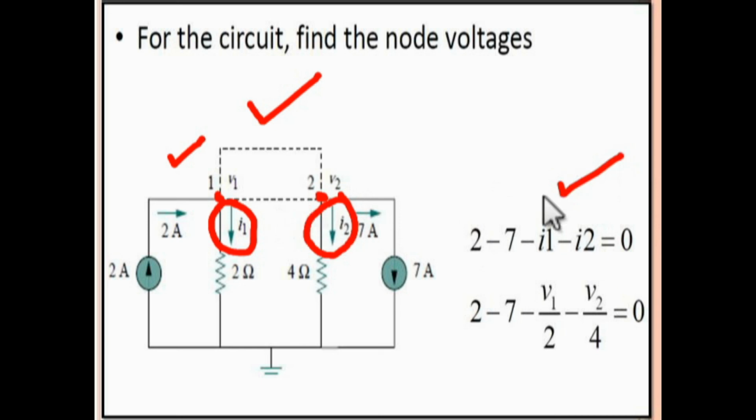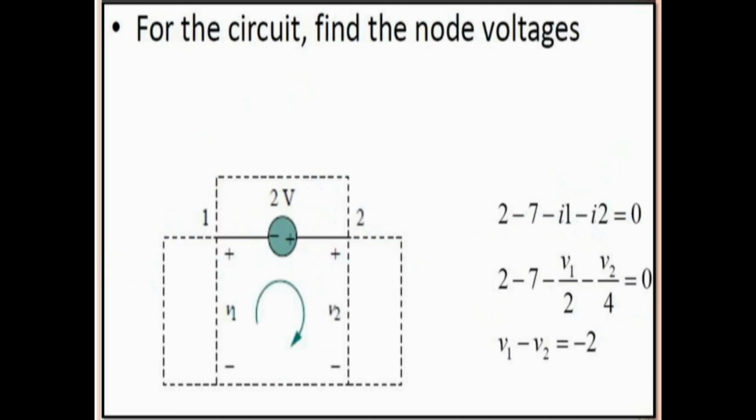So we have to write the combined equation of nodal analysis. Then in the next step, apply the equation V1 minus V2 is equal to minus 2. So this will be your equation.